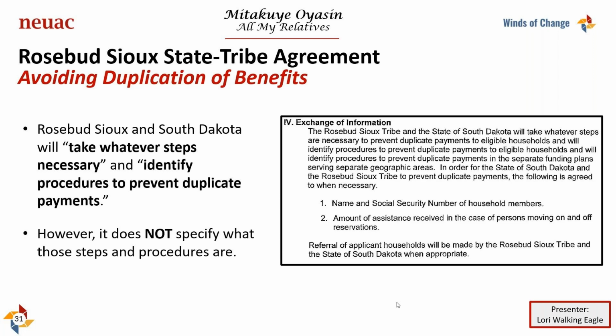Part of the agreement is avoiding duplication of services. And how we do that is we do emails. I've identified two of my staff, Sharon and Miranda. They get the emails from the state counterpart saying, this individual has applied, are they receiving tribal LIHEAP? Or if they go to the state office, they'll say, have you tried tribal LIHEAP first?